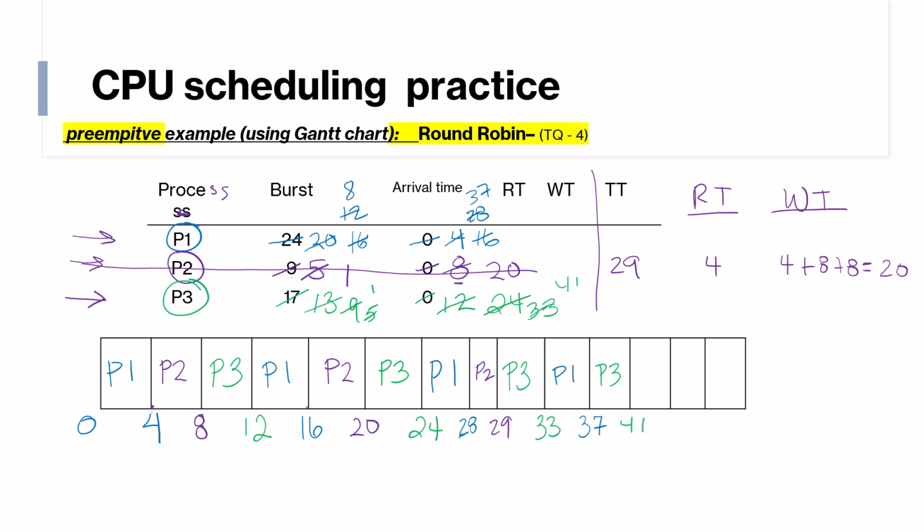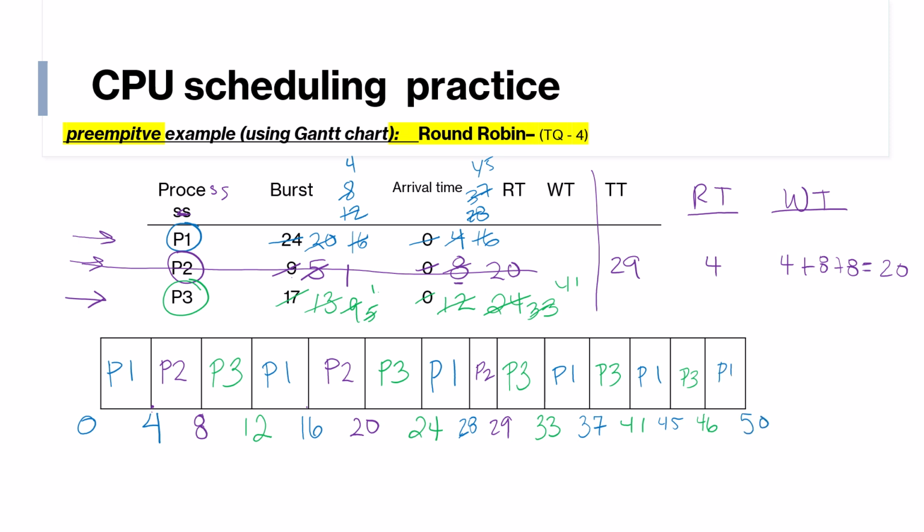Then we have P1, which goes until 45, has 4 time units left. Then we have P3, which has only 1 time unit left, so it goes to 46. And then we have P1, that goes until time 50.